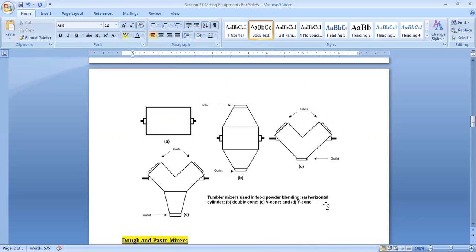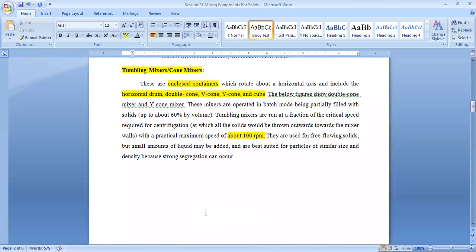Like a horizontal cylinder, which is cylindrical, double cone, then V cone, Y cone. This is also used for mixing of solid foods or dry powders. The maximum permissible speed, or the practical speed, of these cones and drums around the horizontal axis is 100 rpm.